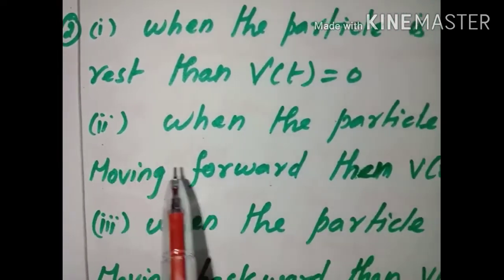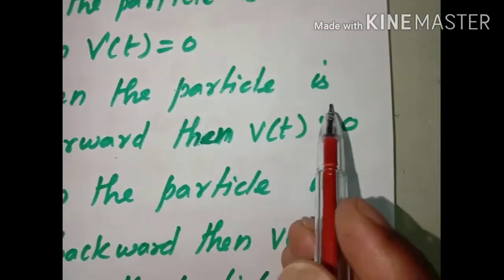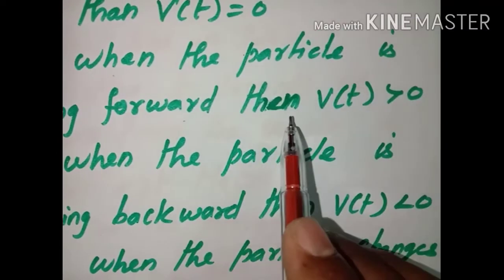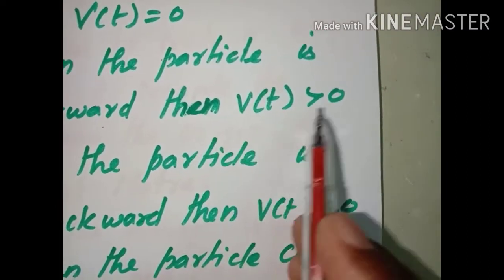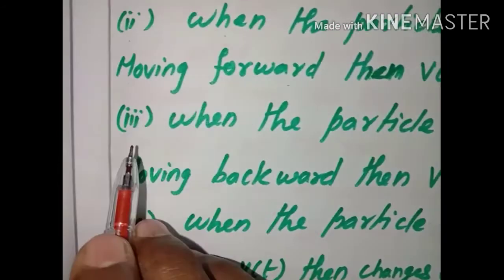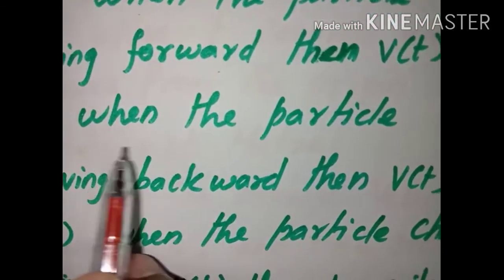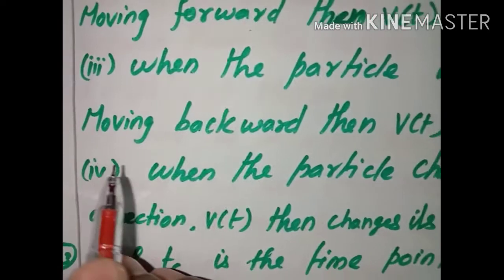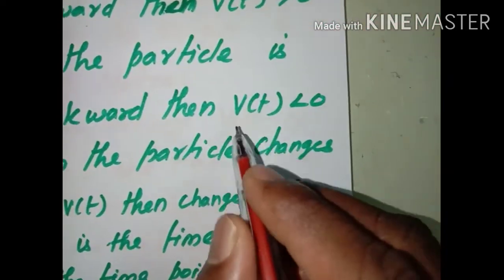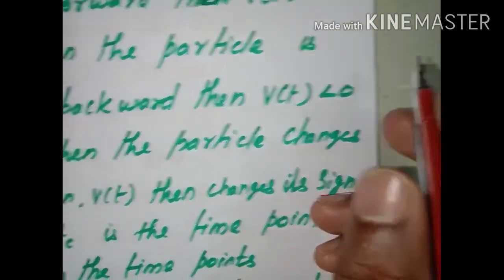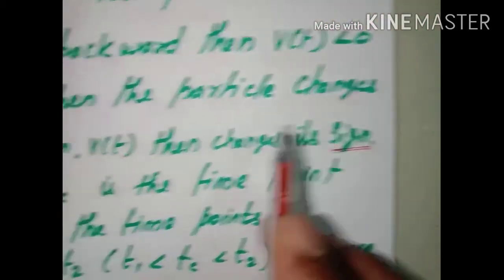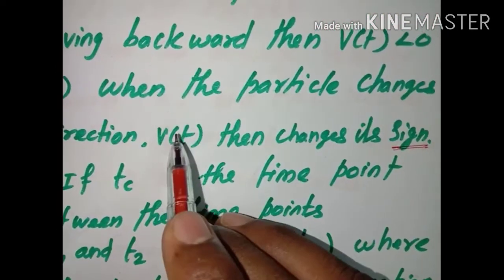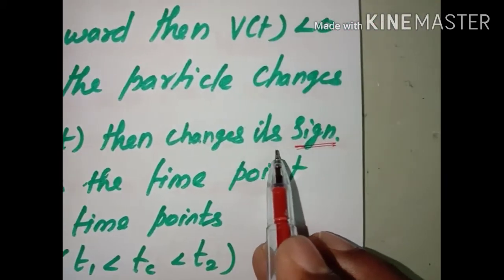When the particle is moving forward, then v of t greater than 0. When the particle is moving backward, then v of t less than 0. And when the particle changes direction, v of t changes its sign.